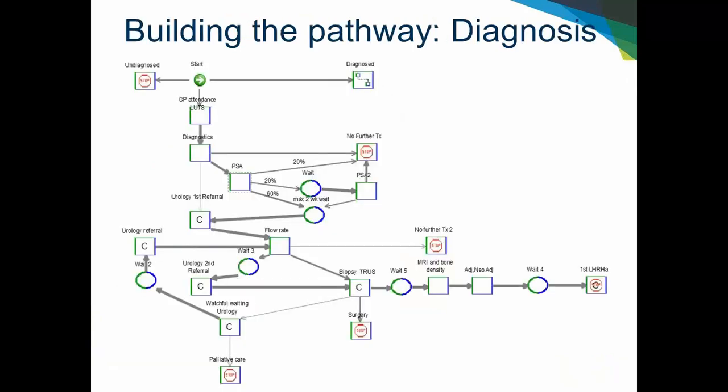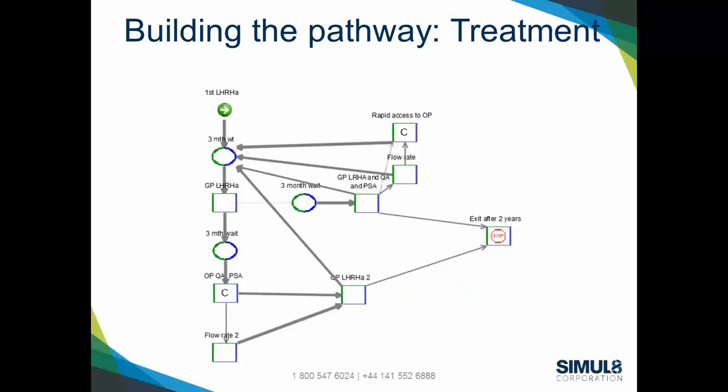And here's their initial diagnosis pathway, with people coming in from the start and then moving forward into the different parts of the system to their first treatment. And that's of course where you're going to be measuring the wait times for diagnosis and treatment. And here's the treatment pathway.